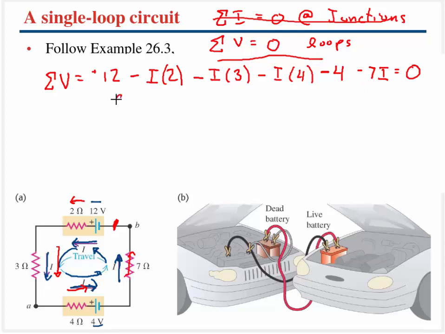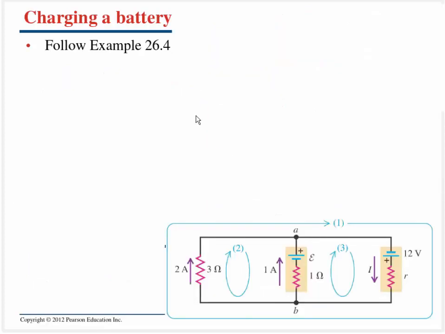So what I'm left with is 12 minus 4, I have 8 volts. And then let's see, I have 7, 10, I got 16 multiplied by I, that must be equal to 0. And I can solve for my current, it must be equal to 8 over 16, or 1/2 of an amp.